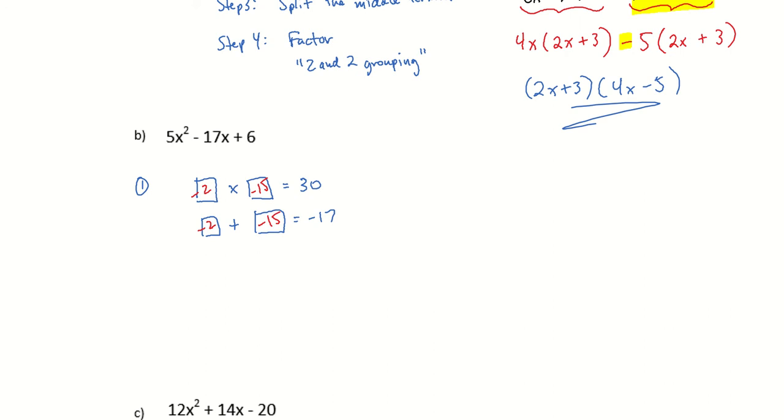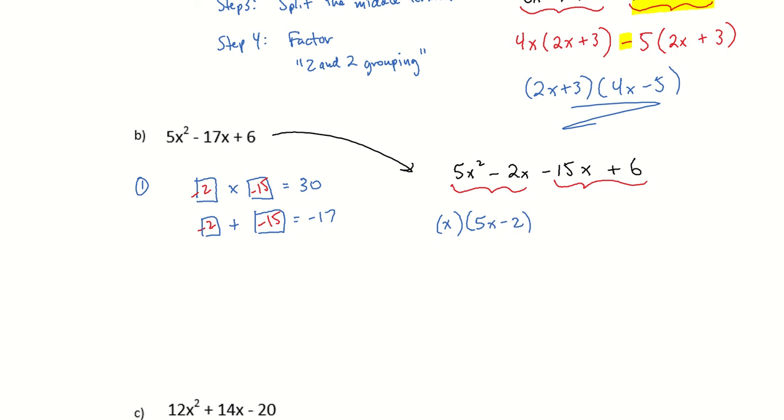Both of them have to be negative because they also have to add up to negative 17. Now that we know the magic numbers that work, we split up the negative 17x term into minus 2x minus 15x. Then group those, and we can see that the only common factor of the first two terms is the variable x, leaving us with 5x minus 2.